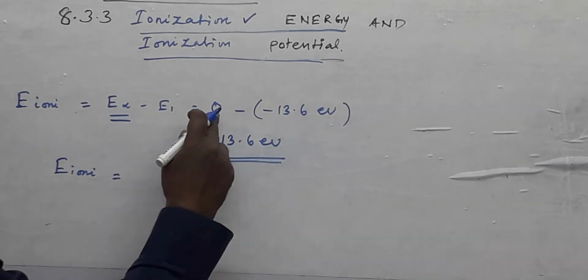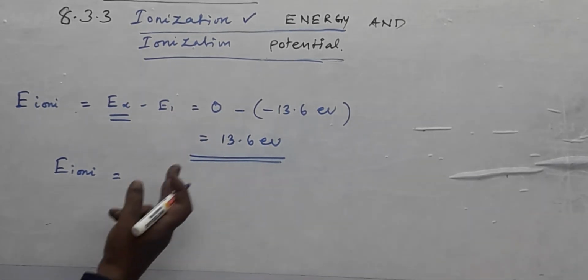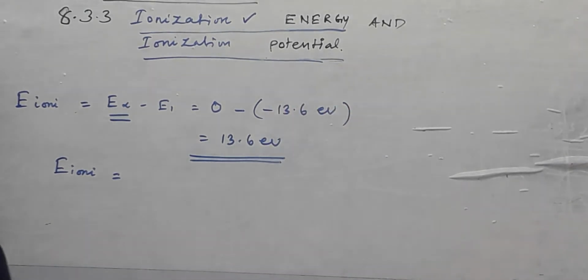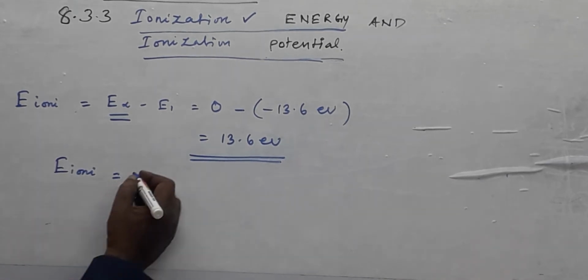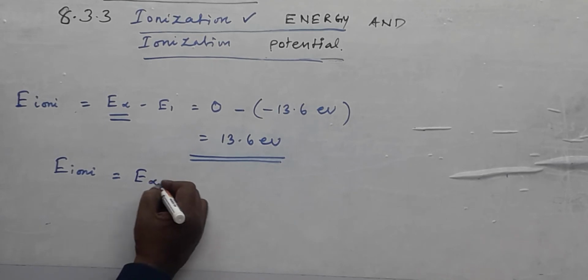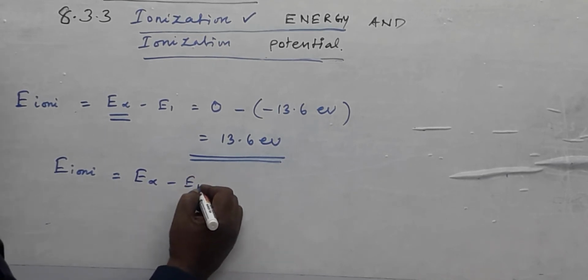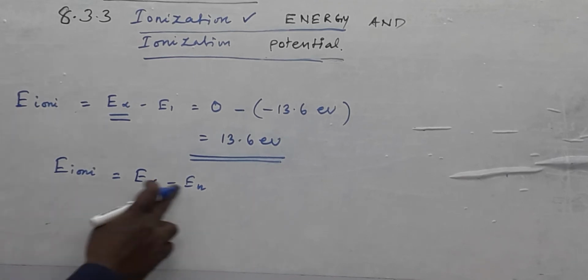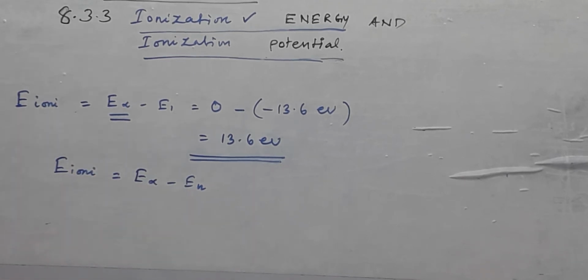Suppose you consider the hydrogen atom, Z equal to 1. In general, you are giving the equation E infinity to En. Suppose E ionization to the level of En, not E1.